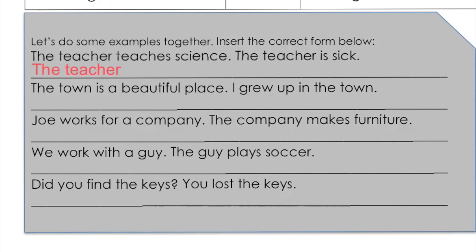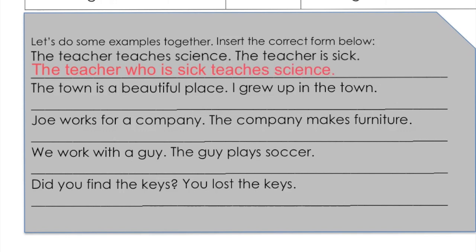You should be thinking person, so for this we will use who. Now we need to connect this information to this information into this sentence. So the teacher who is sick teaches science.